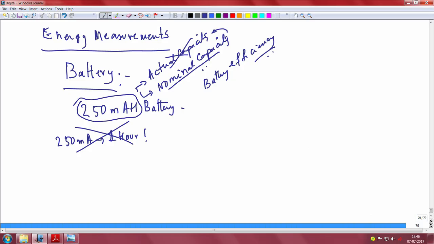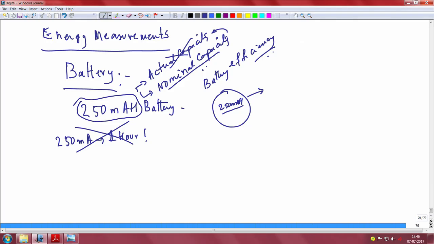This is one part. So, if you look up a battery and you see that there is a 200 milliampere hour battery, first thing is, do not look at it as the actual capacity, look at it as the nominal capacity mentioned by the manufacturer.